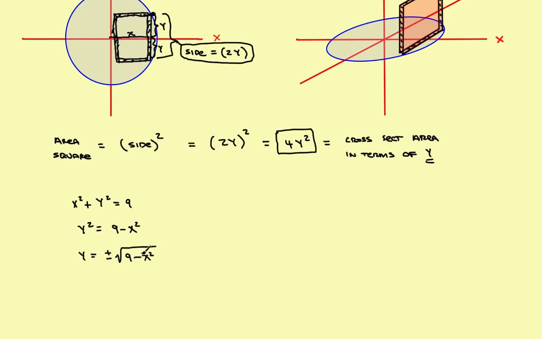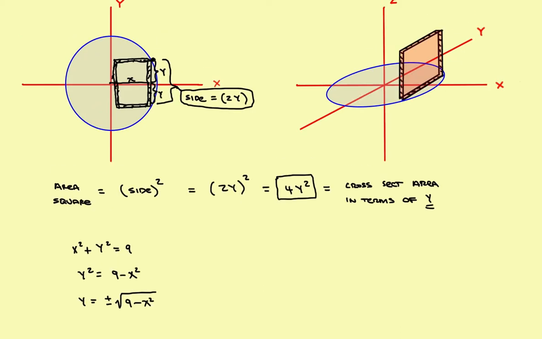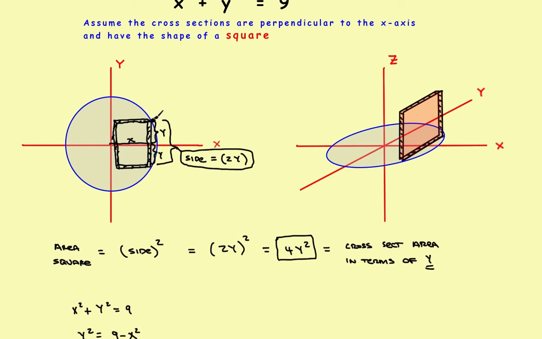This would be y in terms of x. Now graphically, that means that this distance right here, from here to here, would be the plus square root of 9 minus x squared. And this point right here would be minus the square root of 9 minus x squared. So graphically, that's what you've got.